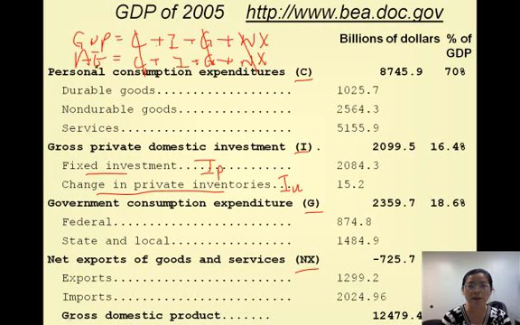Aggregate expenditure only includes fixed investment, so we only refer to planned investment, while GDP includes both planned and unplanned, that is what we call change in private inventories. So if we use GDP minus aggregate expenditure, the difference is the change in business inventories.